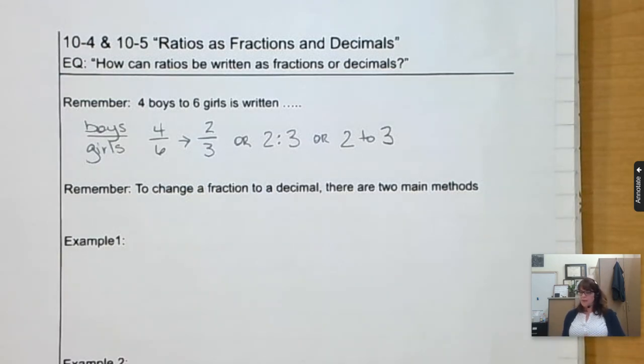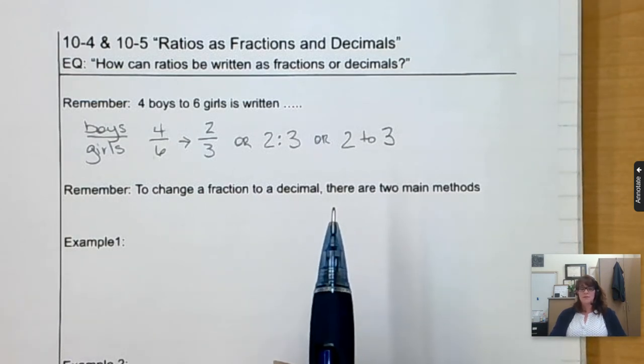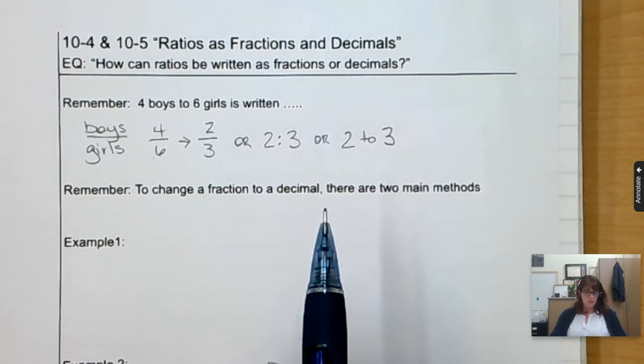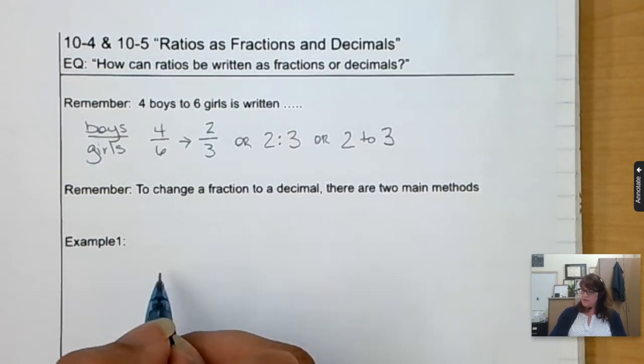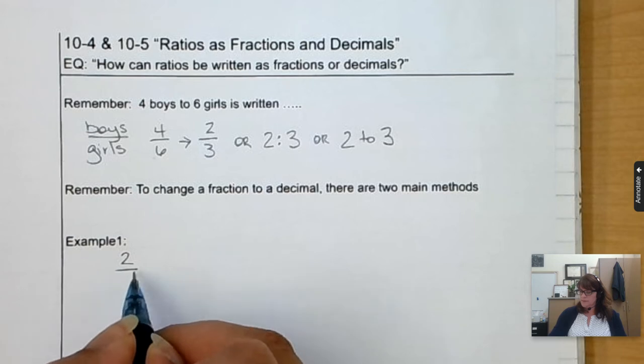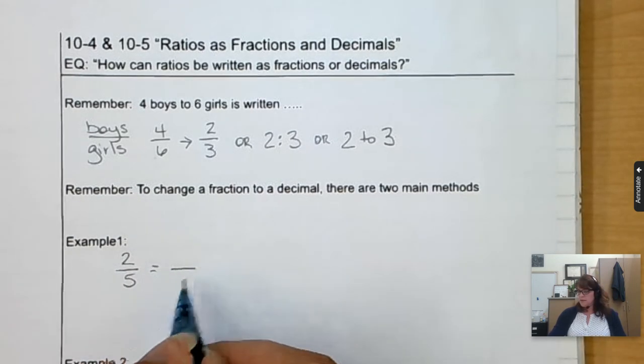Now, there are two main methods to change a fraction to a decimal. We just did this in the last couple weeks, so this should be pretty fresh. One example is if I have 2/5, I can notice that 5 could be a 10 really easy.